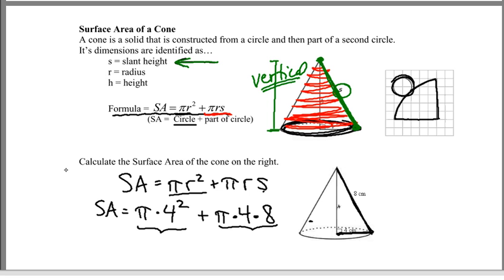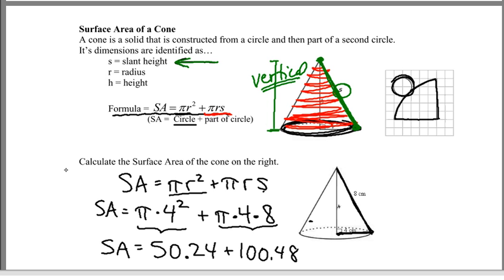So the formulas aren't overly complicated. You just have to make sure you know which shape, so you choose the right formula and you can plug in accordingly. Pi times 4 squared, or pi times 16, is 50.24, plus pi times 4 times 8, pi times 32, is 100.48.